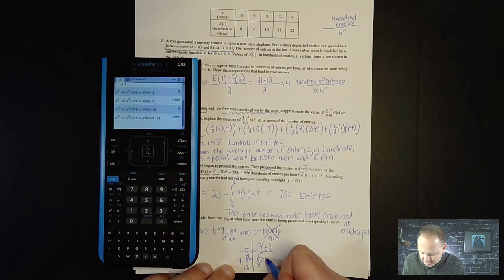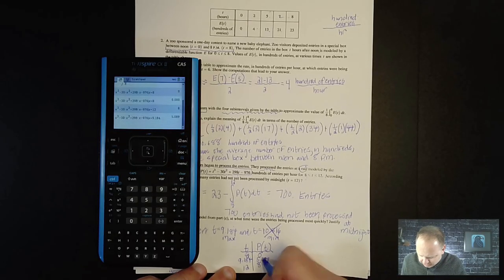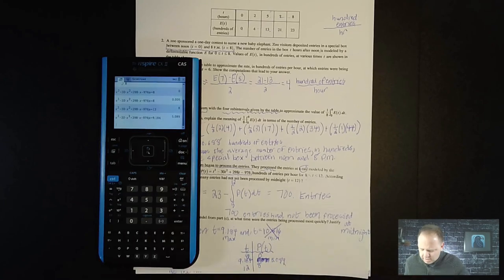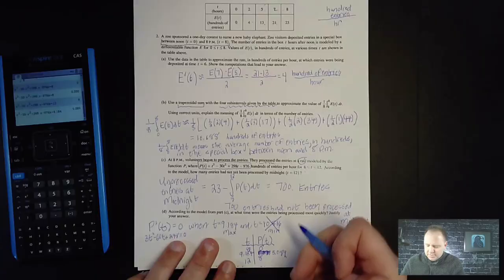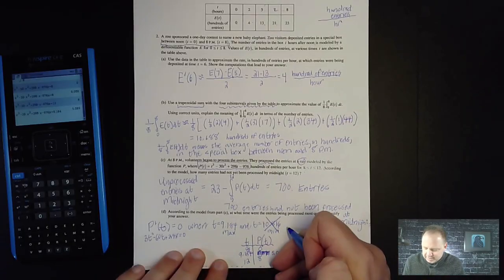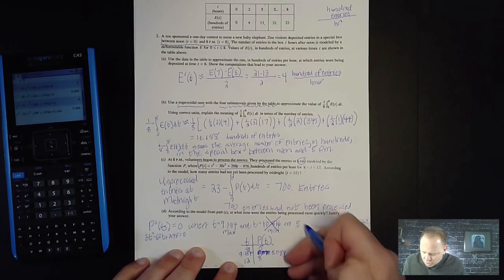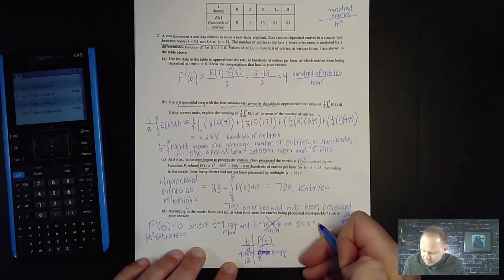So the max processing rate there is 5.089. So let's put this on the open interval between the endpoints. Let's let them know that that's what I looked for here.